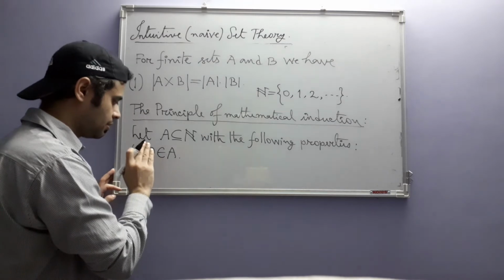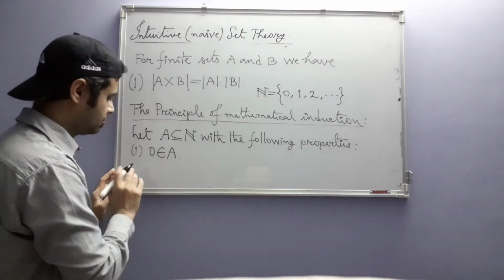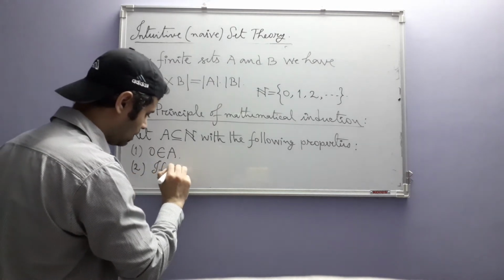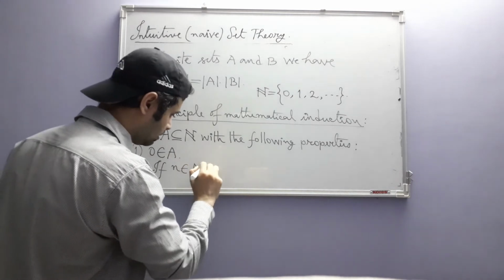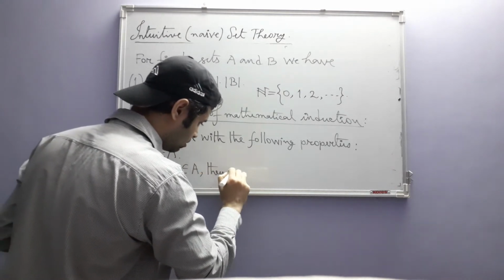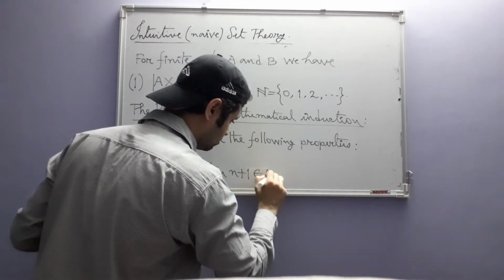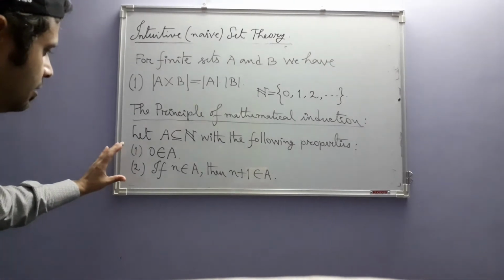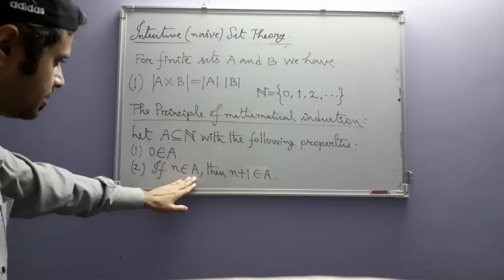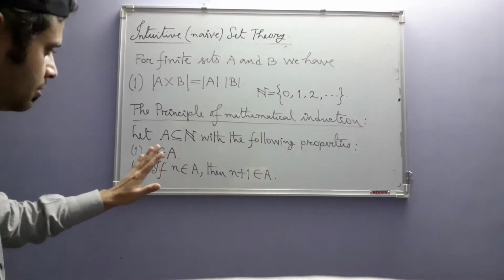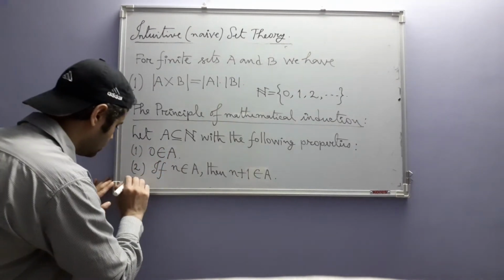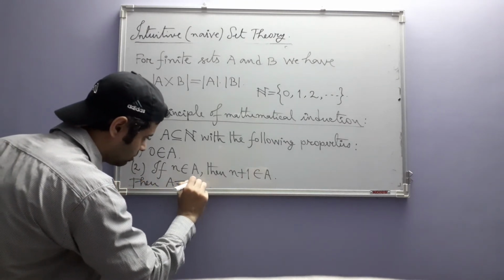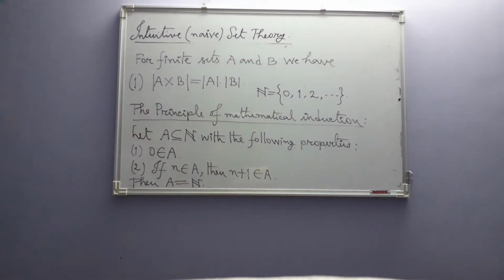One of them is that the element 0 must be in A. The second one is if n belongs to A, then n plus 1 belongs to A. Okay, so these are two properties that the subset A of N satisfies. Then if this is the case, then A is actually equal to N. This is the principle of mathematical induction.